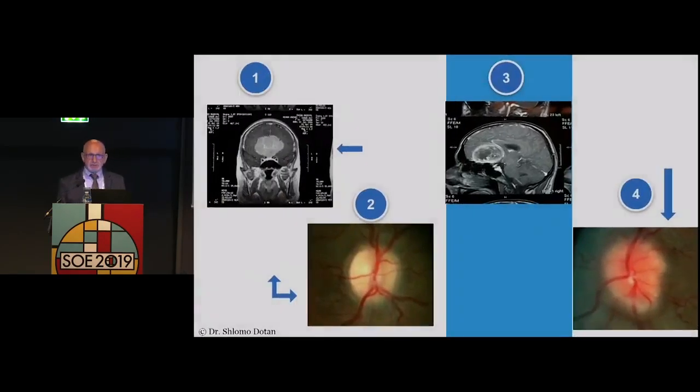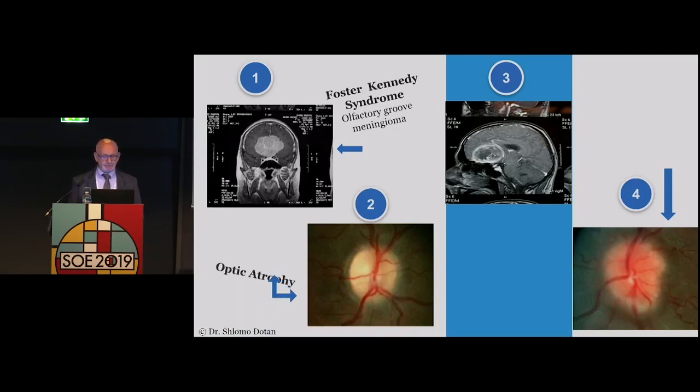I cannot finish a very short review of optic atrophy without mentioning this disease. So we're talking about Foster-Kennedy syndrome, which is olfactory groove meningioma, first described by Foster and then Kennedy, in olfactory groove meningioma, which is optic atrophy actually, and anosmia with contralateral papilledema.